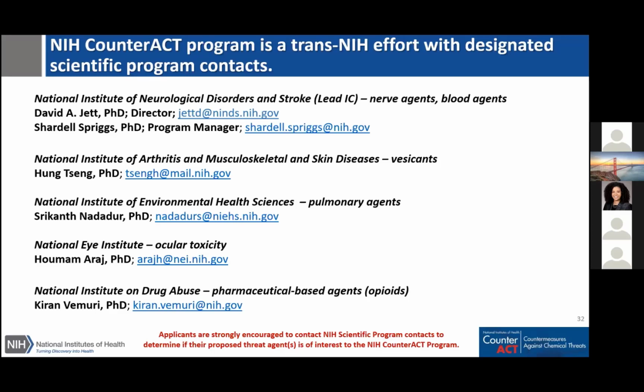So for the lead ID FOA, again, the lead identification and lead optimization FOAs are really designed for you to develop your compound, whether you're doing some down selection activities in the lead ID or optimization activities in the optimization.